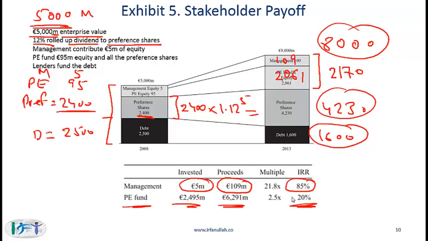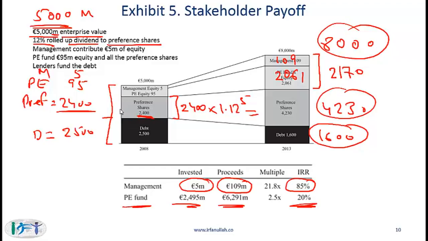So why is it that the management has a much higher return relative to the private equity fund? It is fairly clear. The management had their entire money put in common stock, so high risk, high return, whereas the private equity fund took less risk. Most of the private equity fund money went into preference shares.